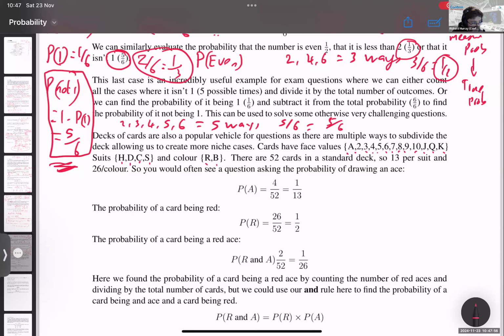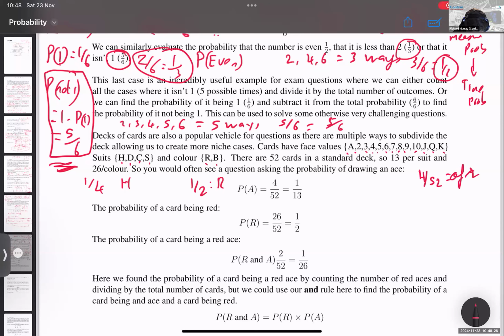So we can see that there is a 1 in 4 chance of drawing hearts from a full deck of cards. There's a 1 in 2 chance of drawing a red card. And there's a 4 in 52 chance of drawing a 2, because each suit has a 2.